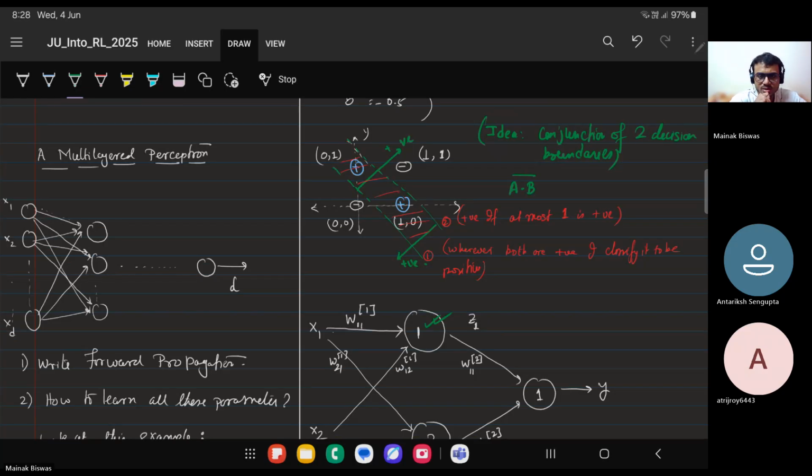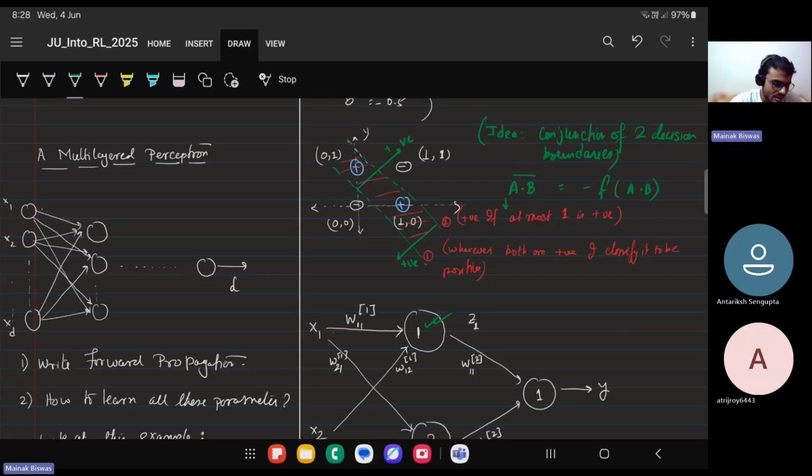Correct. So my idea for this line is that I can do only AND and put a negative sign. Yes or no? This is equivalent to saying minus of the function for A dot B. Correct? If I am saying -1 as 0.